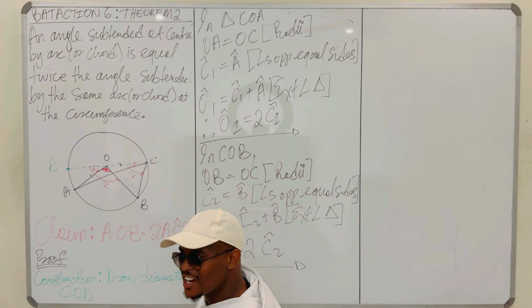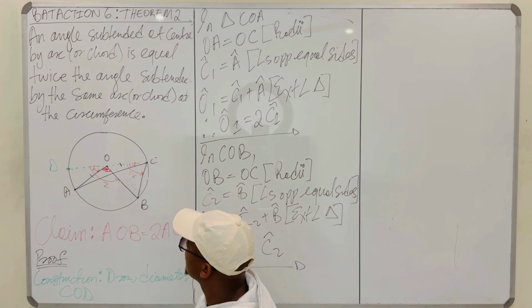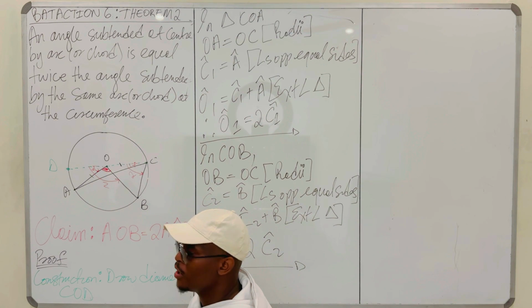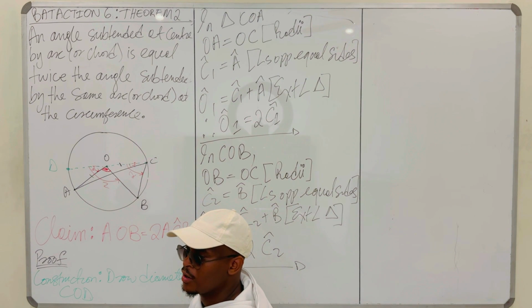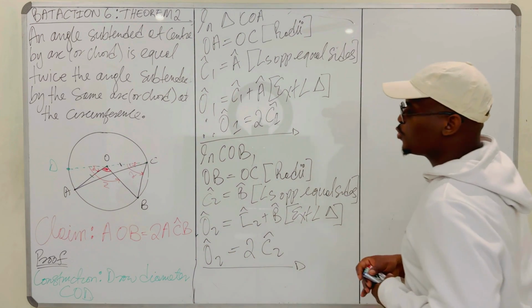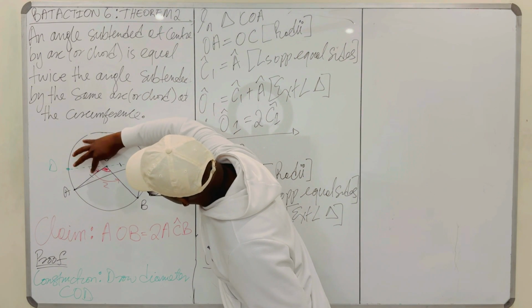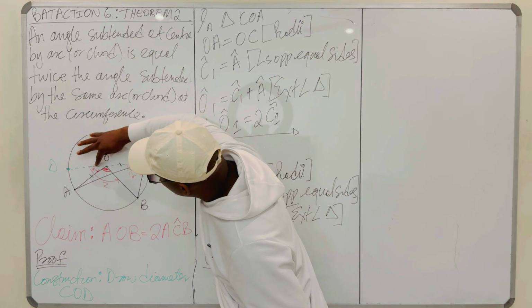You are doing this in analytical geometry. Aren't you going to say that angle AOB is equal to O2 minus O1? Exactly. If you want this angle here, you say the entire angle minus that small part that you don't want.